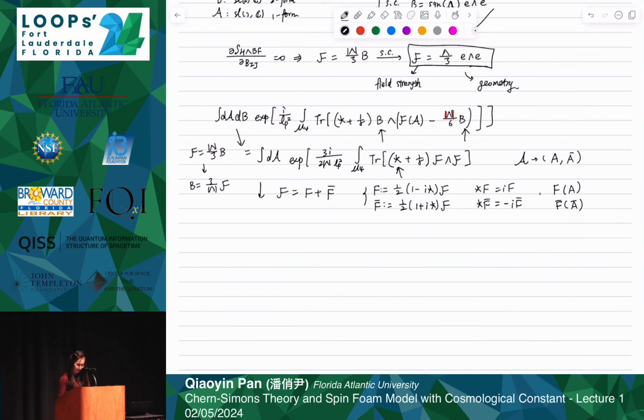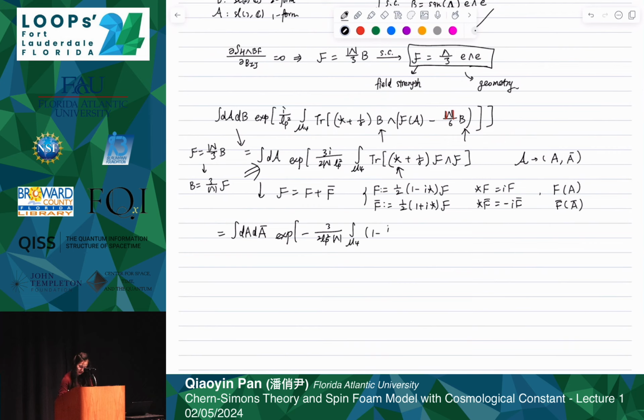Then, if you do that, you notice that this path integral can be written as dA, dA bar, and we have the exponential of minus 3 over 2 Planck length squared epsilon lambda. Now we see we can decompose it into two terms.